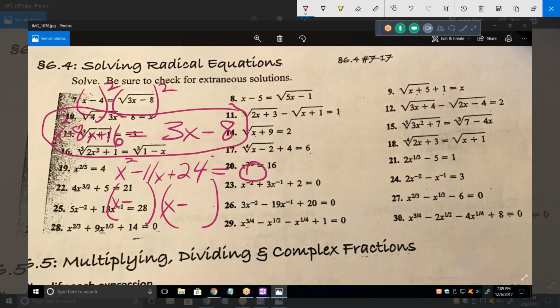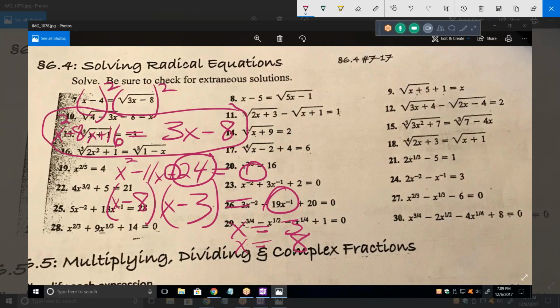Now we're looking for factors of 24 that add, because that's a plus, to the number 11. What factors of 24 add to 11? 8 and 3. So what are my solutions? 3 and 8.